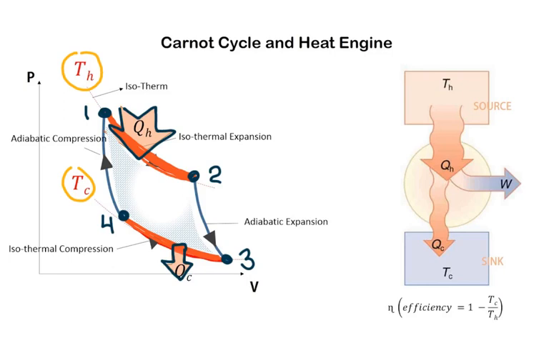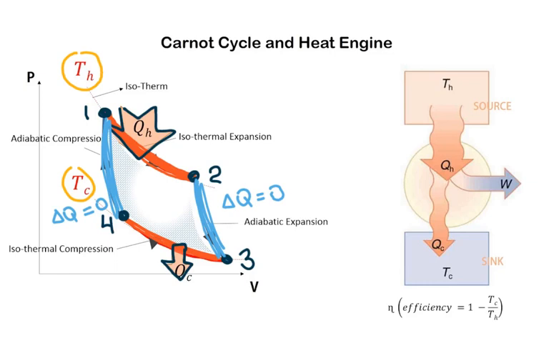The two red ones are isothermal processes and the two blue ones are adiabatic processes. In an adiabatic process, there is no heat added or taken from the system. So the change of heat here is equal to 0, and the change of heat on this side is also equal to 0. The Carnot engine is an imaginary engine.